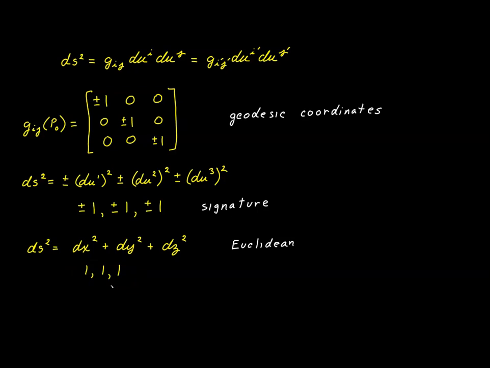A Riemannian manifold is one that is characterized by a quadratic metric and has a signature of all positive ones. This means that at any point within the Riemannian manifold, we can transform to a locally flat Cartesian coordinate system. Euclidean space is itself just a special case of a Riemannian manifold.